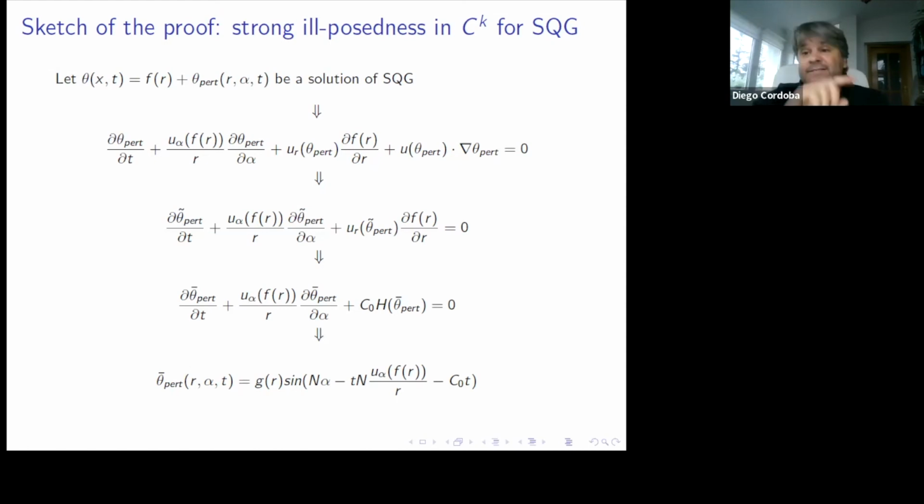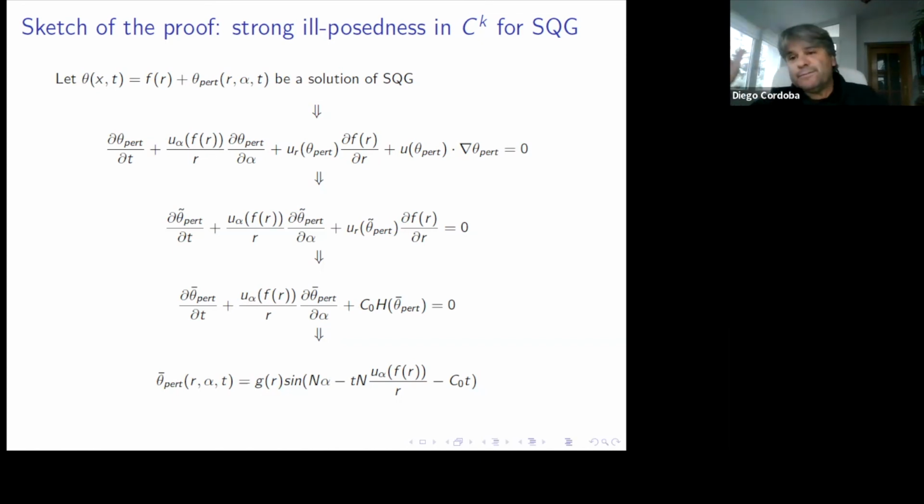And U alpha is the velocity in the angular component. F is again my initial radial function, and this I can cook up as I want. And capital N is a parameter that I'm going to take as big as I want.